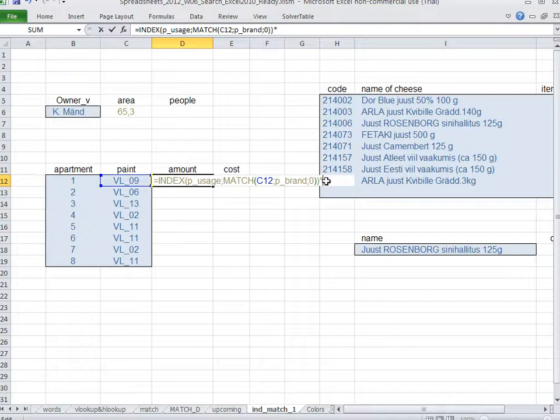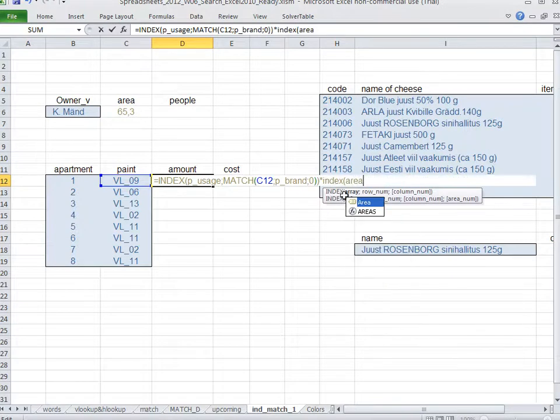But the formula is going to be more complex. So 0,55 is going to be multiplied with, and now with INDEX we go to the block called area, and we take the first area from there.